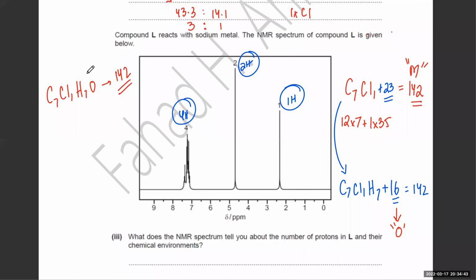So now the tough part. Remember, there are 3 chemical environments. So the hydrogen protons are going to be distributed in 3 chemical environments. Now, the first hint that you should have is, when do you have a very low ratio of carbon and hydrogen?